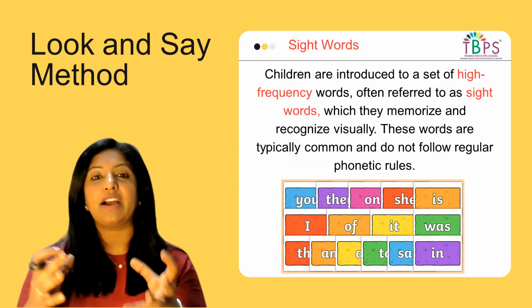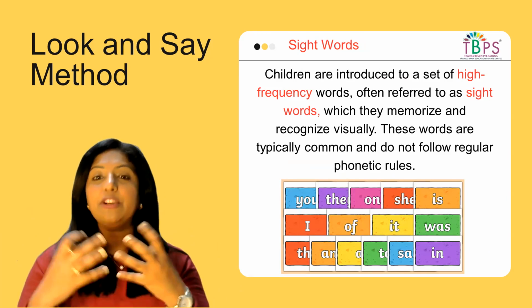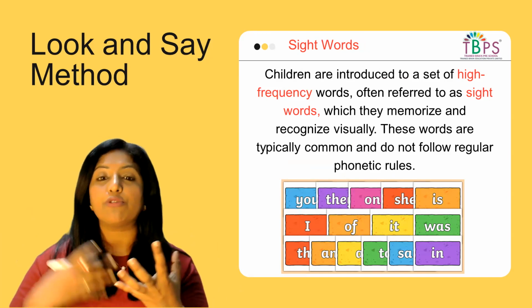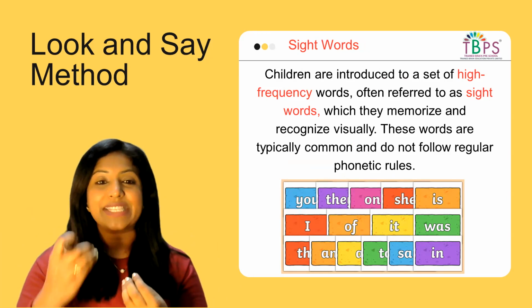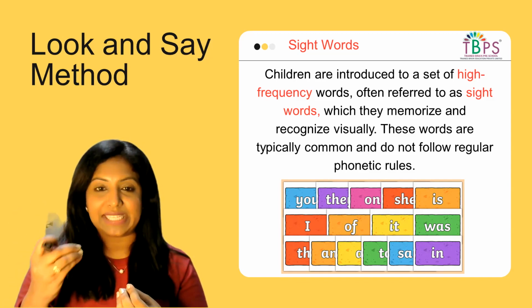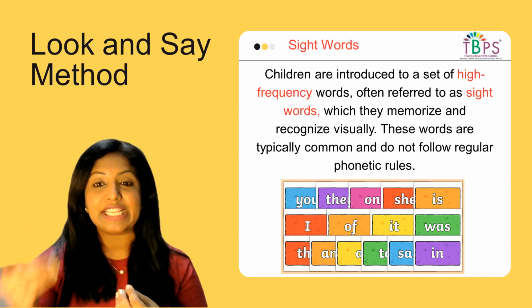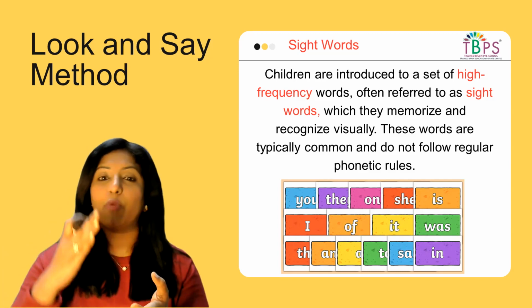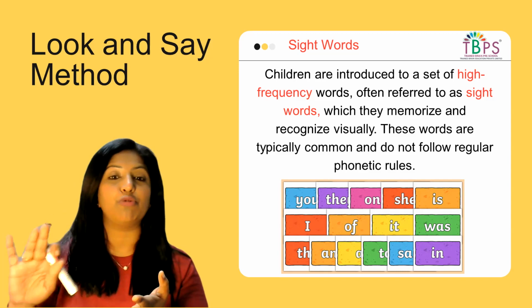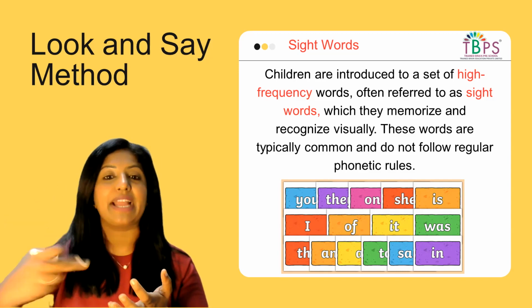In our classes, we introduce a set of high frequency words, which we sometimes also call sight words, which need to be memorized and recognized visually. They are very common and they don't follow any of the phonetic rules at all. So you just read them by heart.